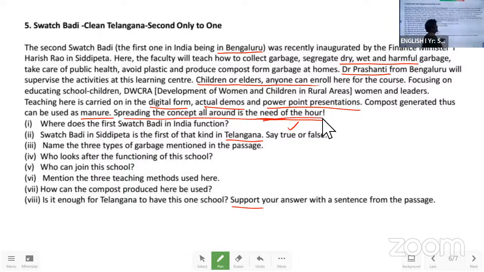We really need to spread the concept of such things, and that's why spreading the concept is the need of the hour supports the answer about whether it is enough if Telangana has one such school. So I hope you have understood, children. Let's go on to the next.